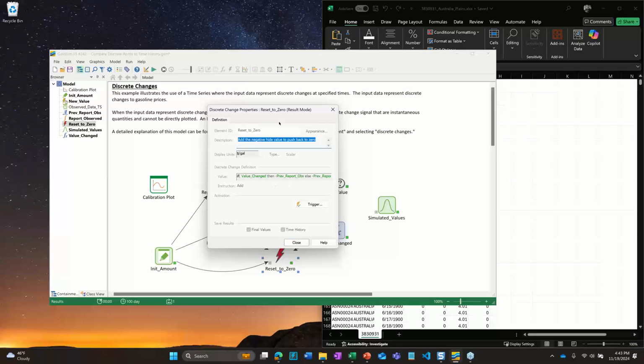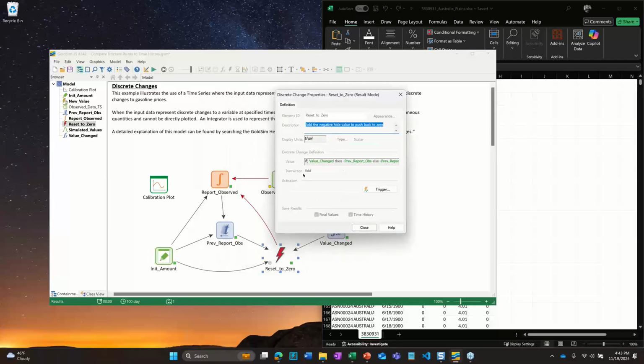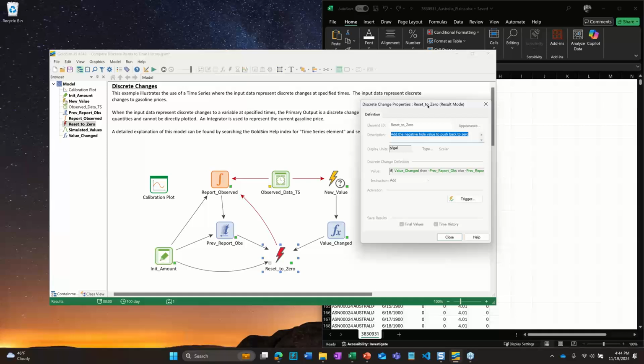So this discrete change, it's a little bit tricky, but we essentially say, okay, if the value has changed, then we want to put essentially the negative of the previous observed record, which puts it to 0, or it's going to be the negative previous value plus the initial amount.